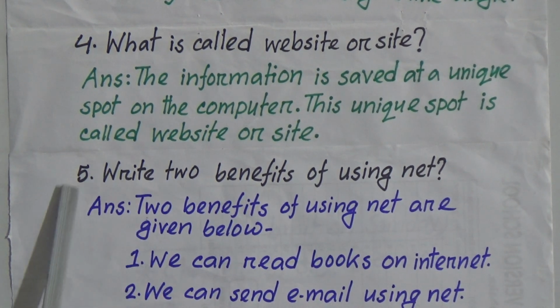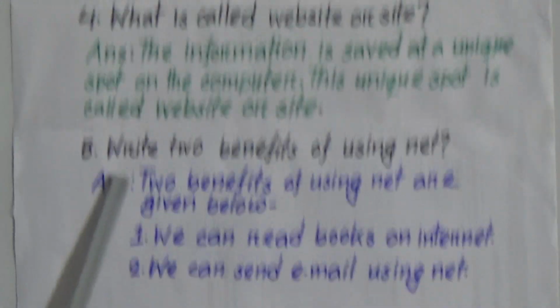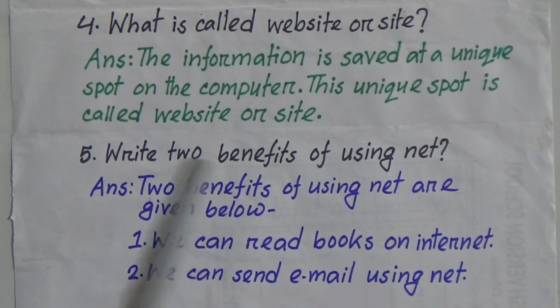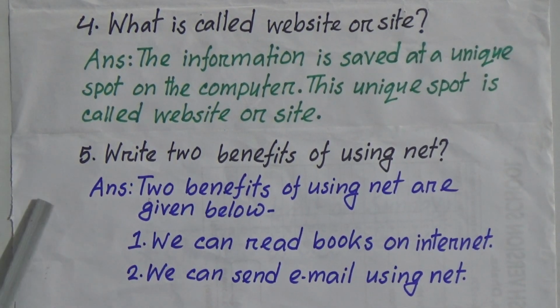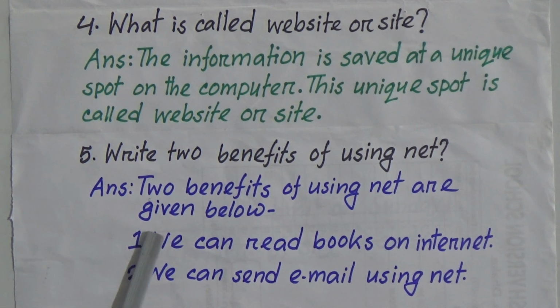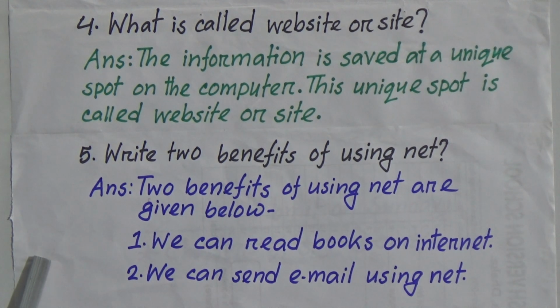I have given 5 points, but here you will have to write only 2 points. Answer, 2 benefits of using net are given below. Number 1, we can read books on internet. Number 2, we can send email using net.